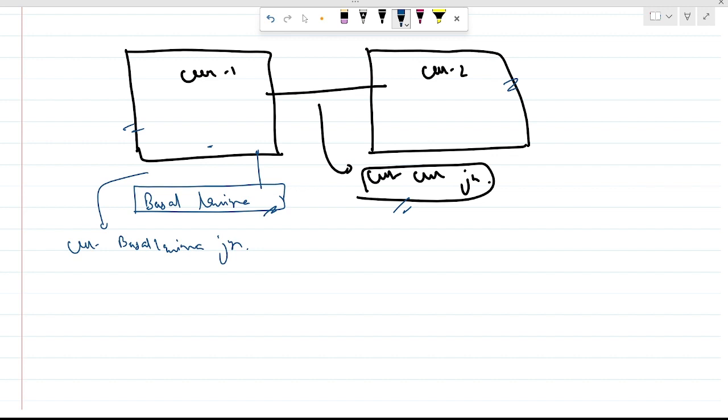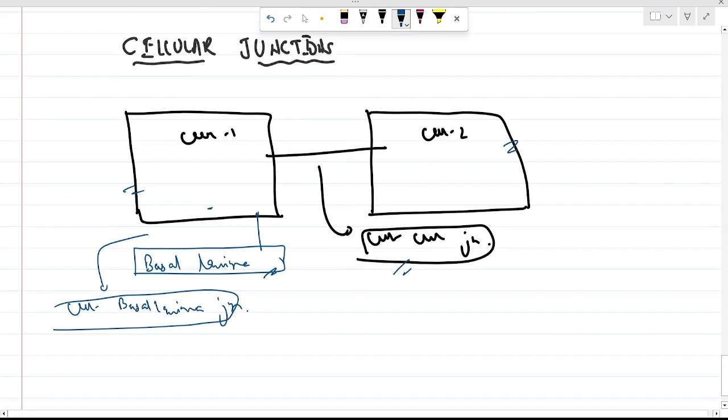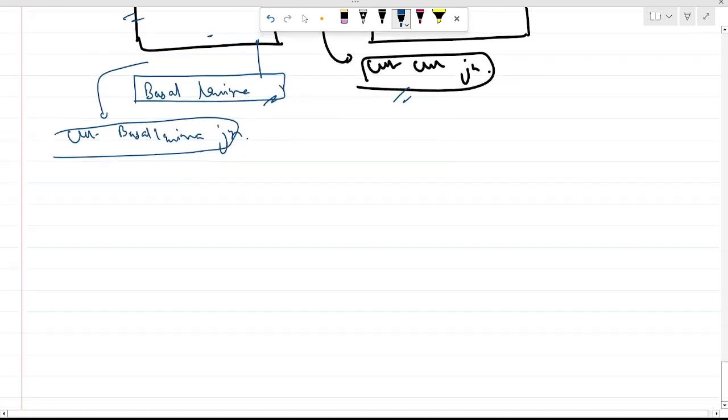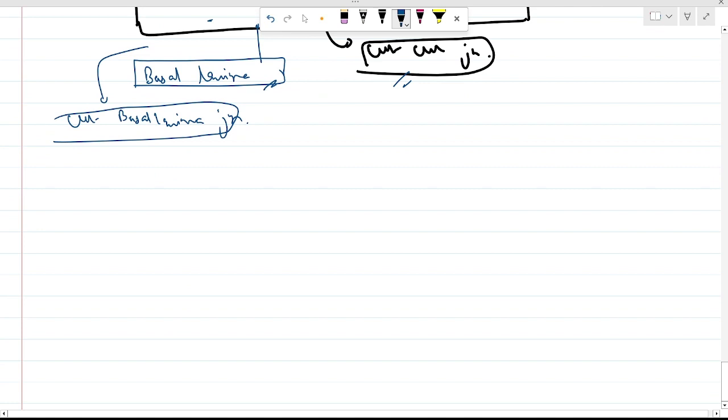I call this the cell-basal lamina junction. So there are two types of cellular junctions. We are going to discuss them one by one. First is the cell junction.